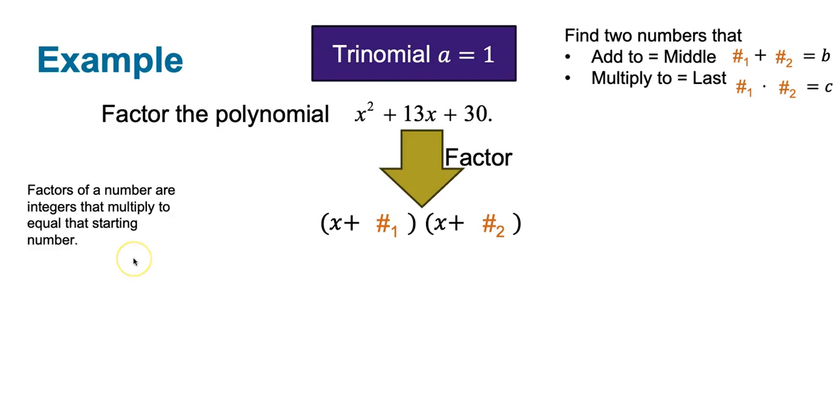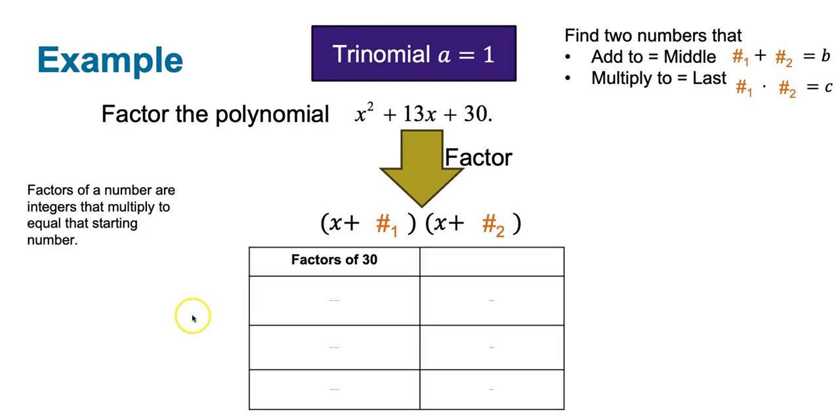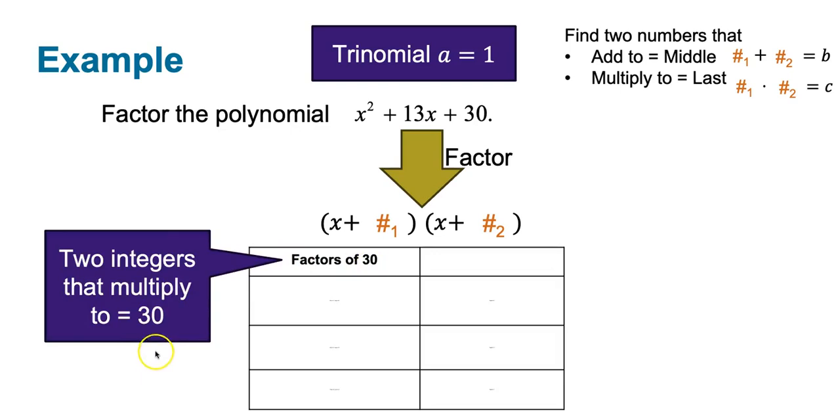When we talk about factors of a number, those are two integers that multiply to equal that starting number. So if we find factors of 30, that means two integers that multiply to equal 30. So the pairs of numbers that we put in this column will be candidates, possible values for the two numbers that we're looking for.